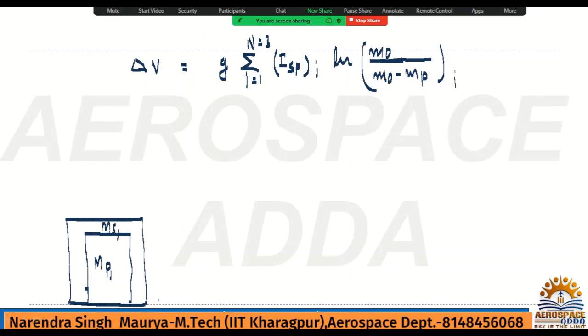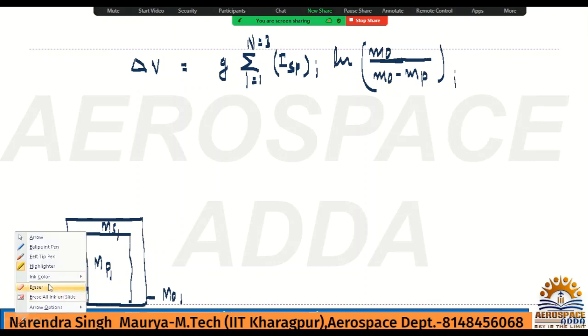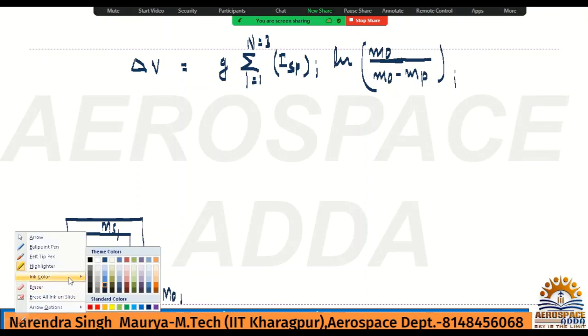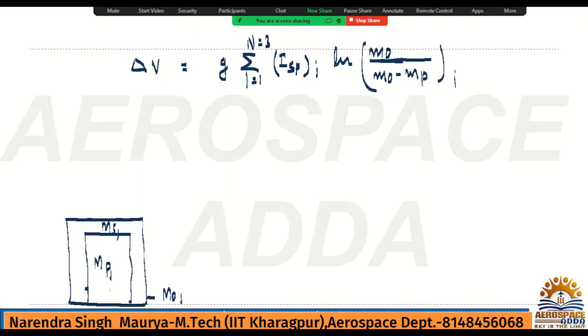And this total mass will be M01. Now for the second stage, I explained the three masses of the system: the initial mass, which is M0, the propellant mass, which is MP, and MS, which is the structural mass. So MS1, MP1 and M01. Hope this one is clear. Now we'll go for the second stage.